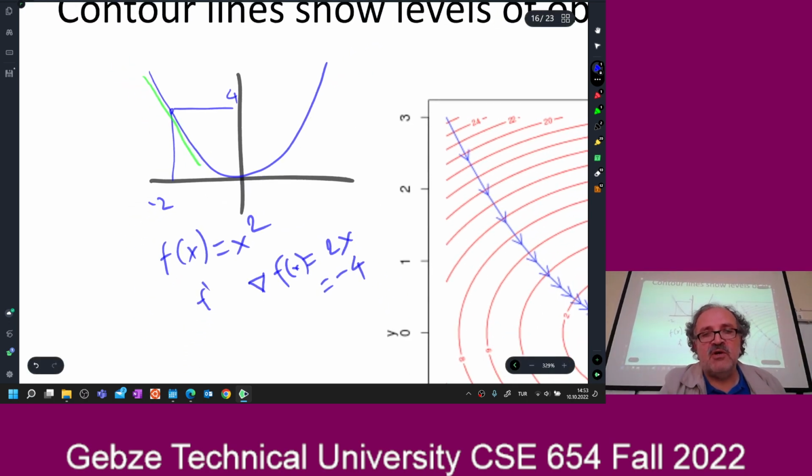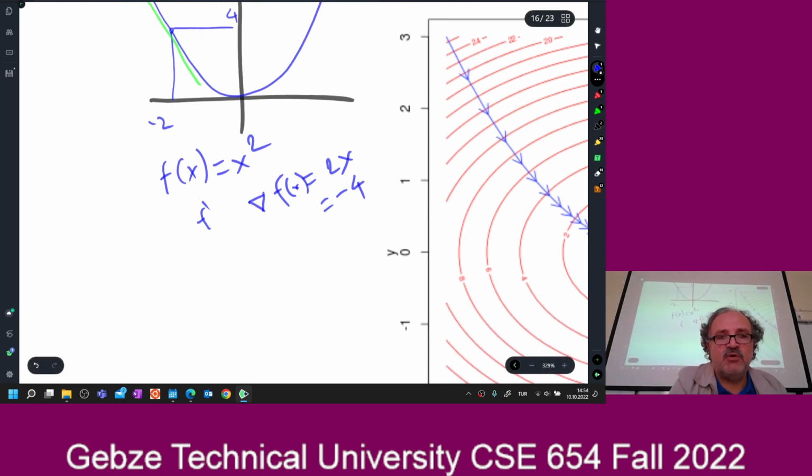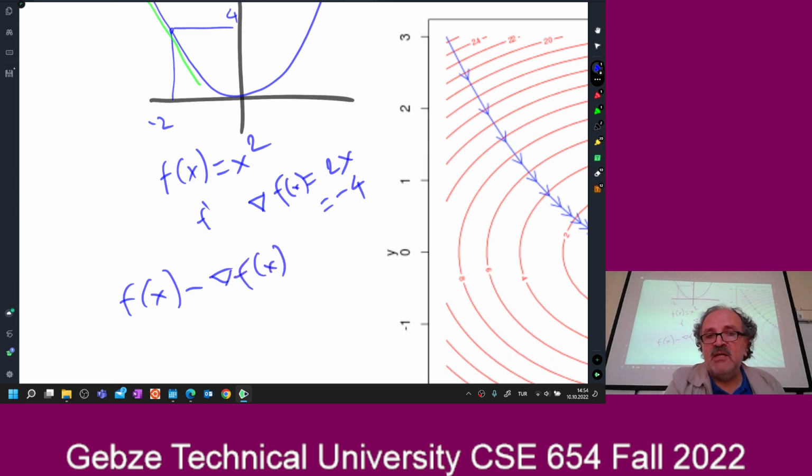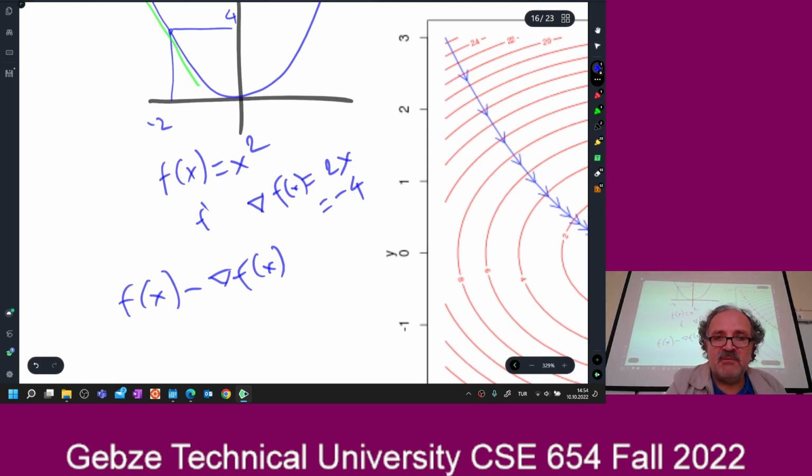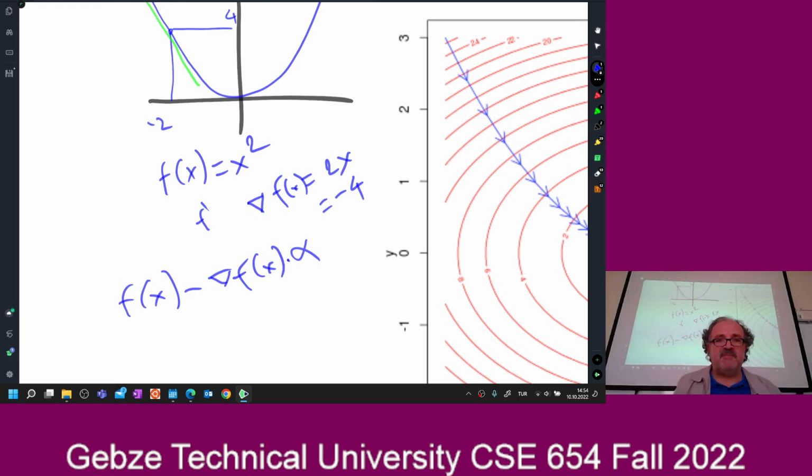Minus 4 is a large number. I need to multiply it with something. So I will take x minus the derivative of f at x. That will lead me towards a smaller number. But this number is a very large one. Maybe I should multiply it with a constant like 0.5 or 0.2.